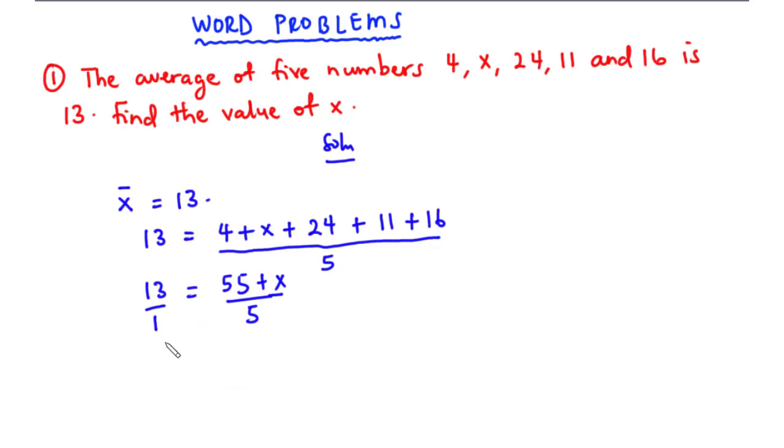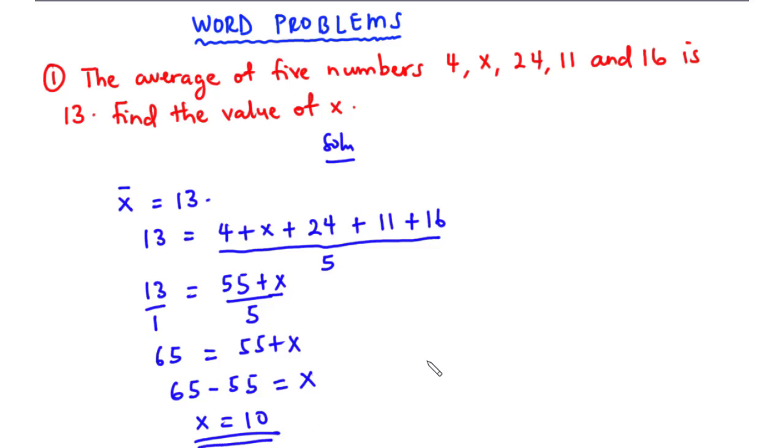So 5 times 13 is 65, and then 1 times (55 + x) is 55 plus x. Because we want to find the value of x, let's transpose 55 to the left hand side. So that becomes 65 minus 55 equals x. So the value of x is 10. So that was a very simple one.